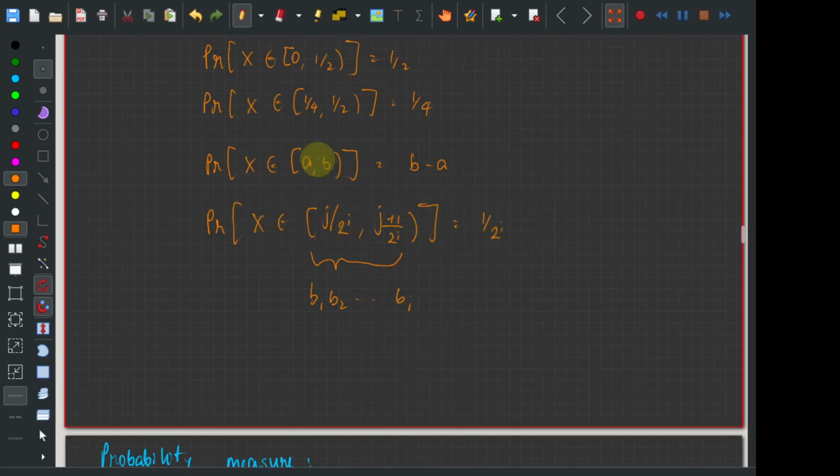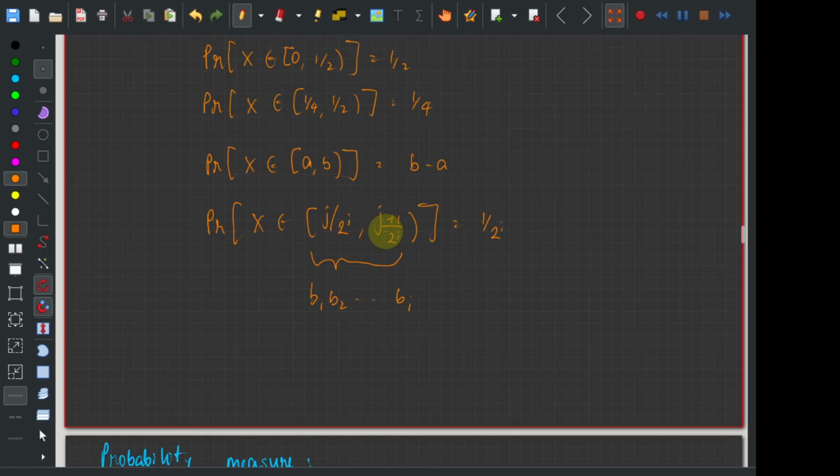Now, if I give you an arbitrary interval a to b, can I approximate it, at least approximate it, using intervals of this particular form? Do you all agree? Yes, no? Anyone says no, it's not clear? It's okay, don't feel shy.